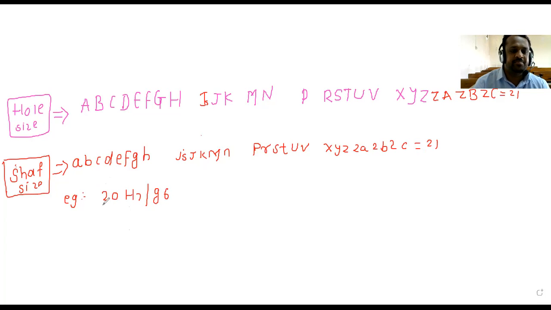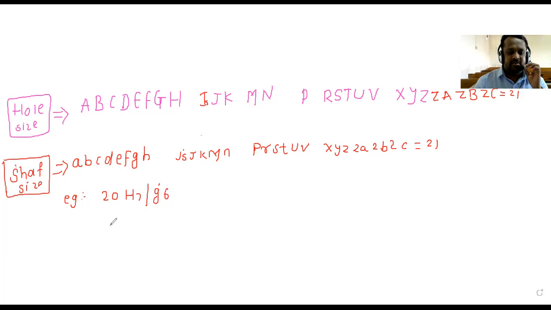What is this 20? Basic size. Then what is meant by the H? Hole division. What is meant by the 7? That is the grade.